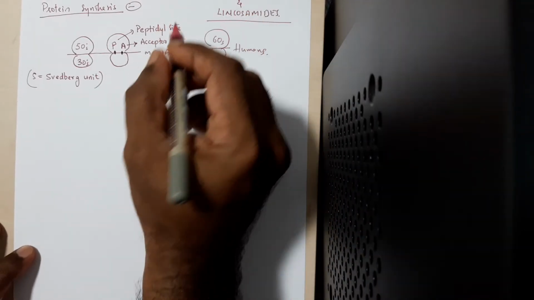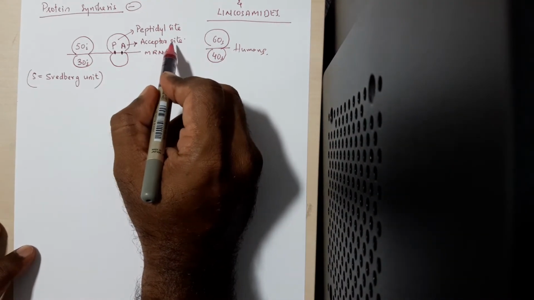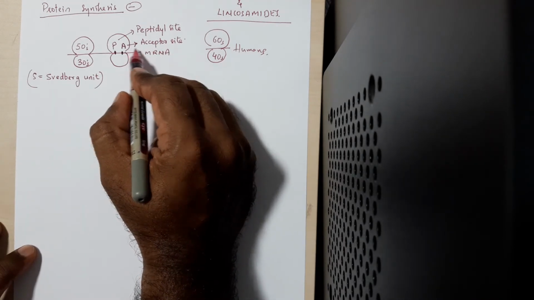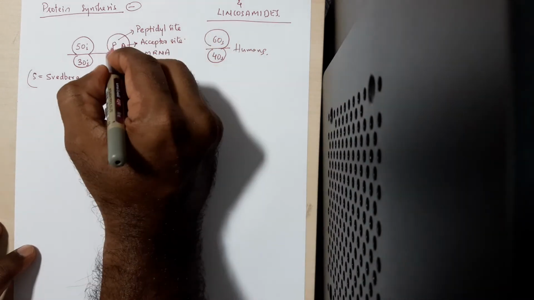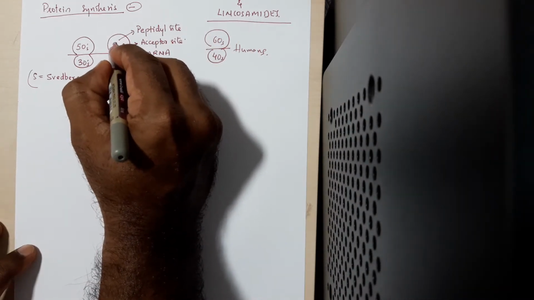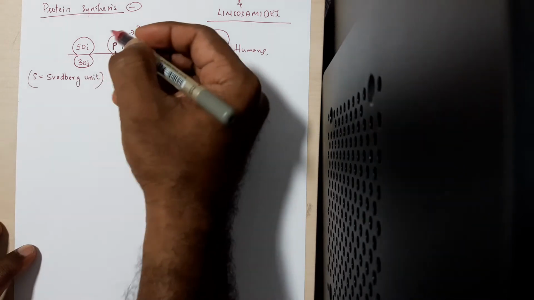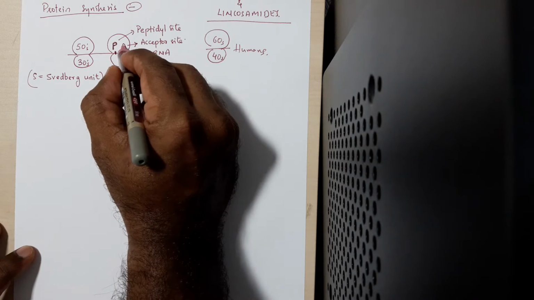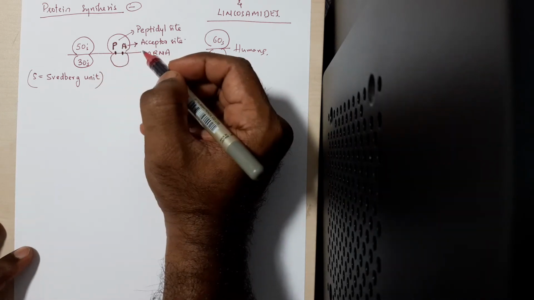We have to remember that tRNA will bring the complementary codon, and it will get attached only at the acceptor site, that is the A site. You can remember this P as in Hindi pehla, meaning first, and A is after in English. First in Hindi, next in English. A is after, so it comes after this one.